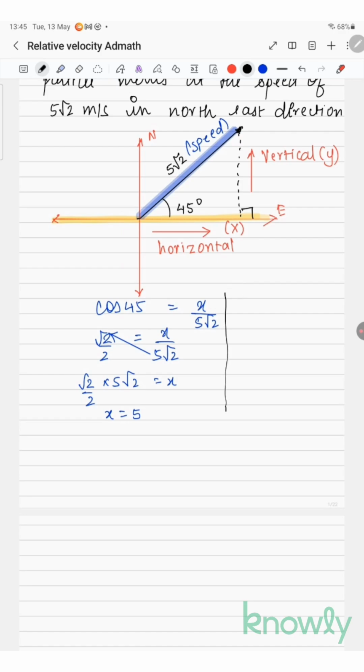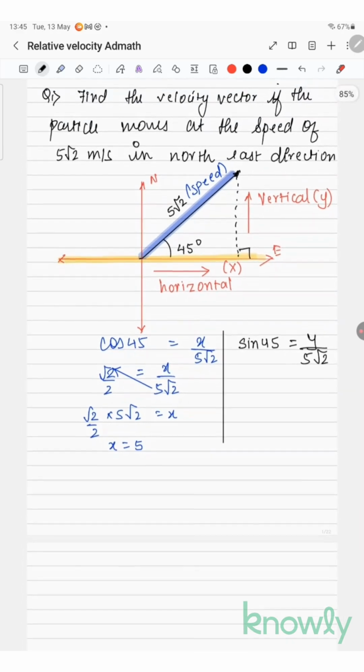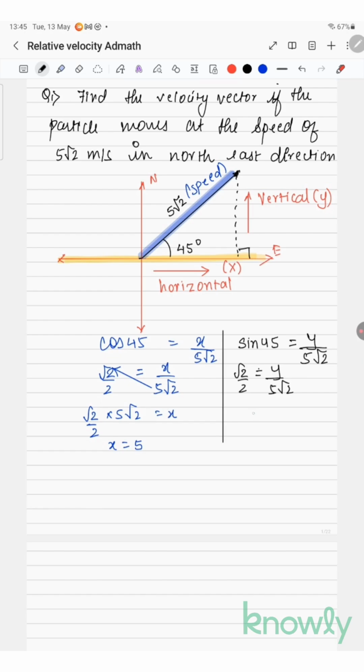Similarly, I will do it for the vertical component. Sine 45 is opposite over hypotenuse. So this is the opposite, this is the hypotenuse. So this will be y over the speed. The speed is 5 root 2. So now root 2 by 2 equals y upon 5 root 2.